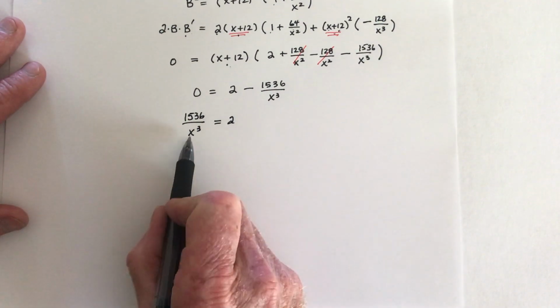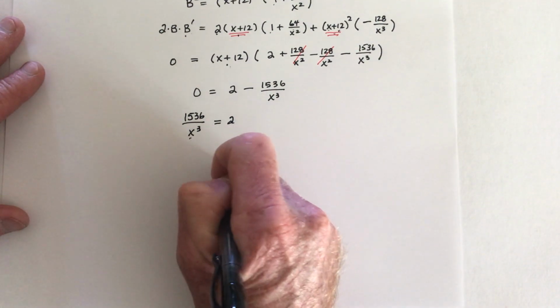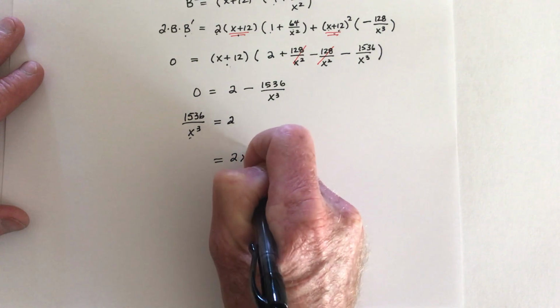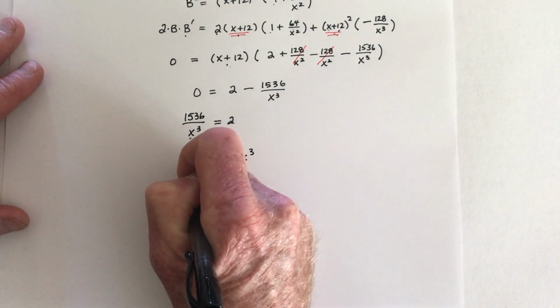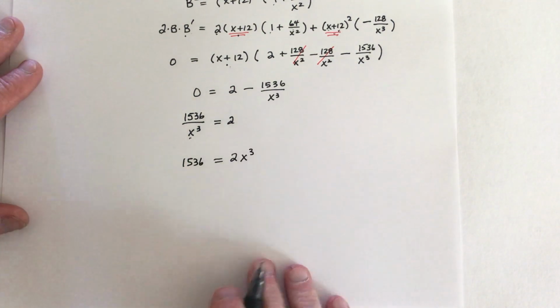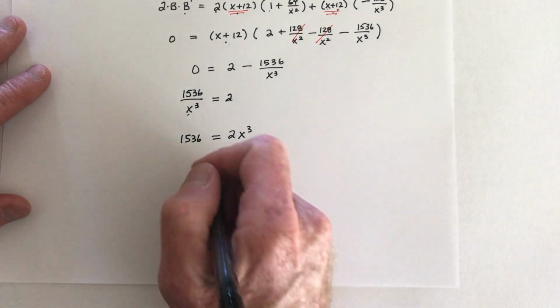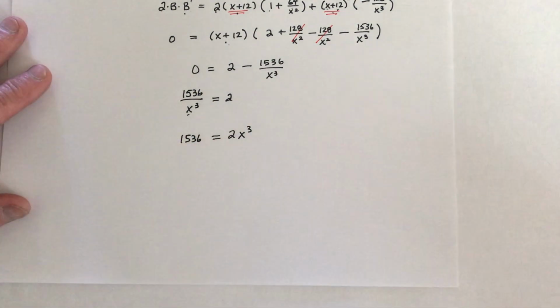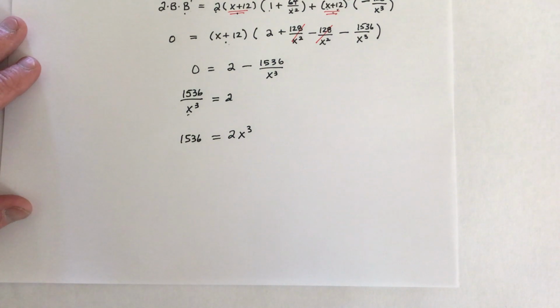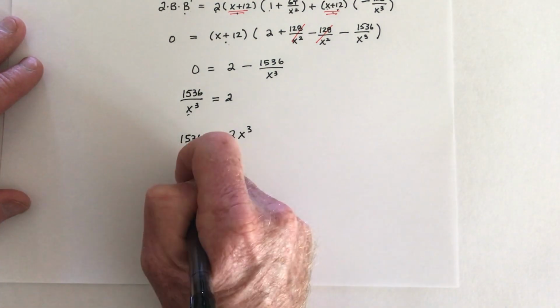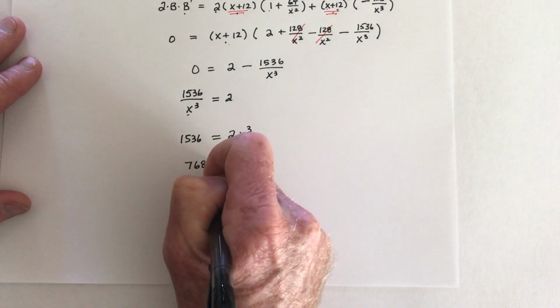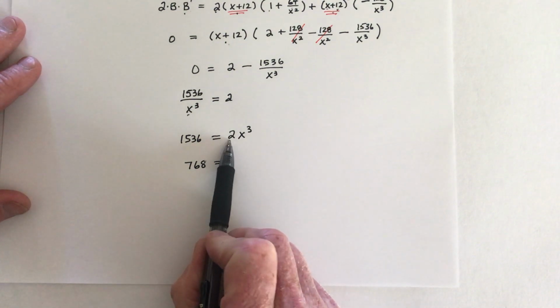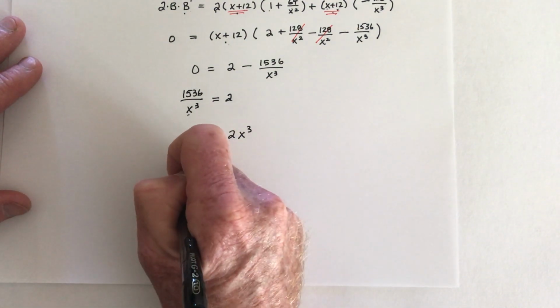Next, you could multiply both sides by x cubed, so the right side is going to become 2x cubed equals 1536. And then divide by 2, and I'll just do that off camera. 1536 divided by 2 is 768. So that will eliminate this 2. And finally, take the cube root.